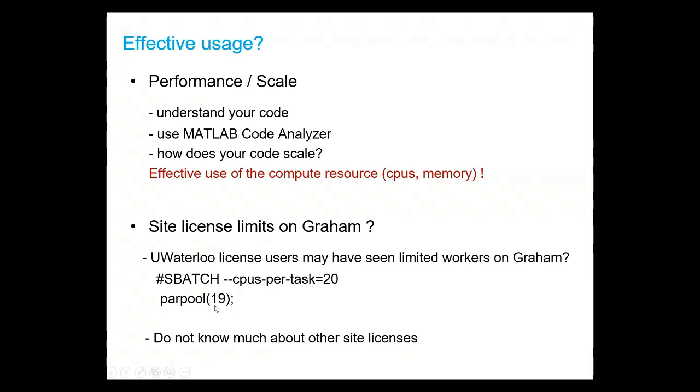If you run in interactive mode with anything under 20, I can open that many workers interactively. However, if I submit a job to the queue, it will never actually get them. I think it's something limited by the local site license. I don't know about any other cases, or any other site licenses.